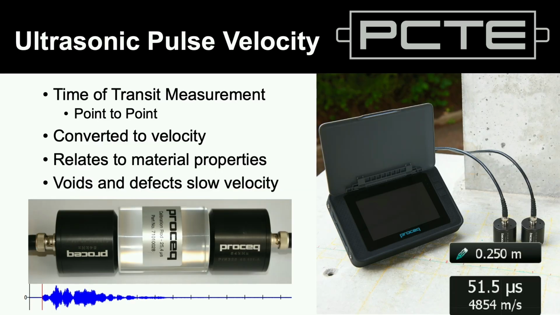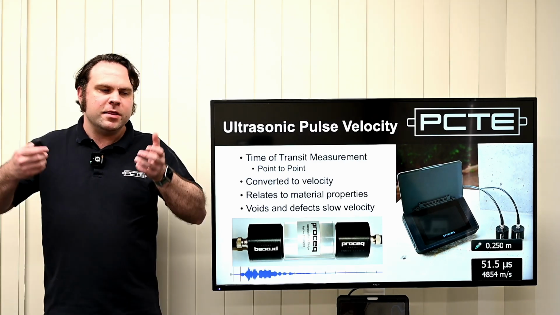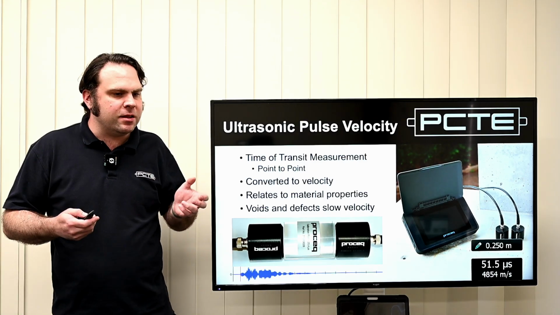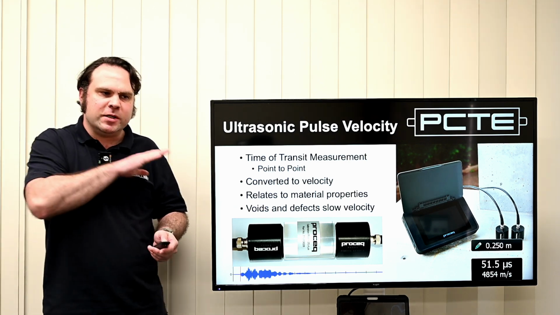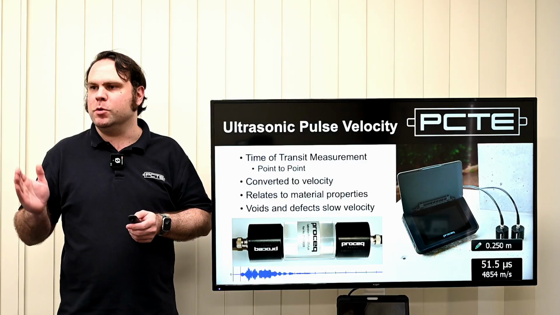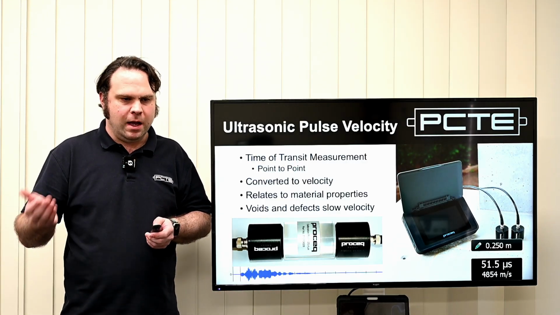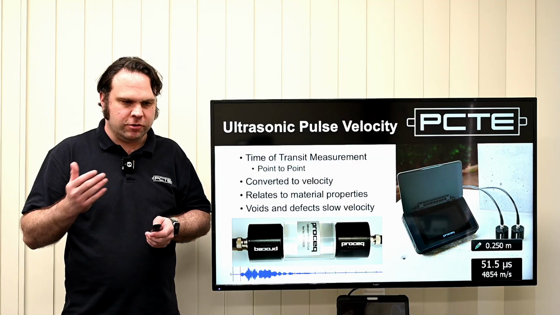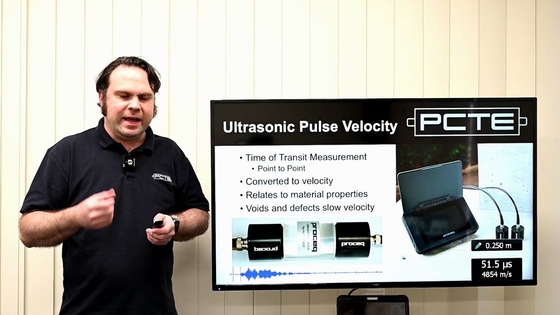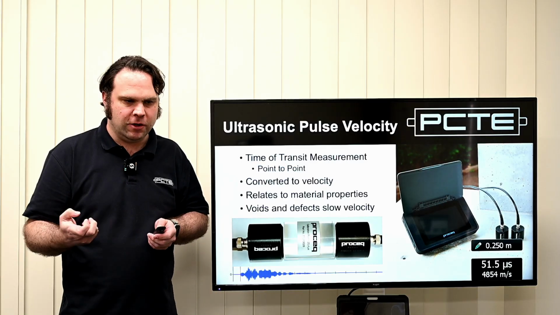So, ultrasonic pulse velocity. This is going to be the first technique I'd give you a little bit of theory on, because everything else we do starts with the kind of hardware and the kind of measurement we do with ultrasonic pulse velocity. This is the Pundit from Screening Eagle or ProSec, and it's just been doing very simple compression wave pulse velocity.